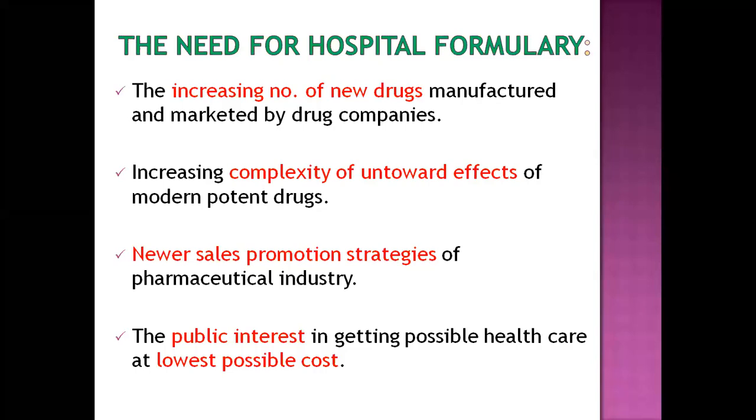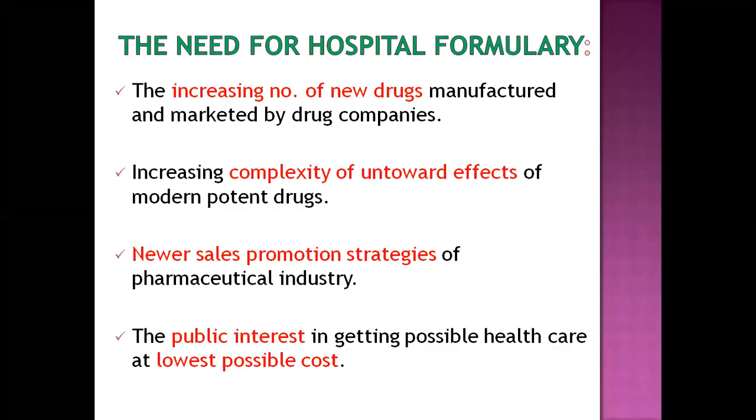The third need is newer sales promotions by the concerned pharmaceutical industries. Like, one of the pharmaceutical industries is promoted to sell a concerned drug, concerned brand, for 2 lakhs, 3 lakhs per month. They offer it in the form of some objects, either in the form of cash or percentage cash. This type of sales promotion was offered.